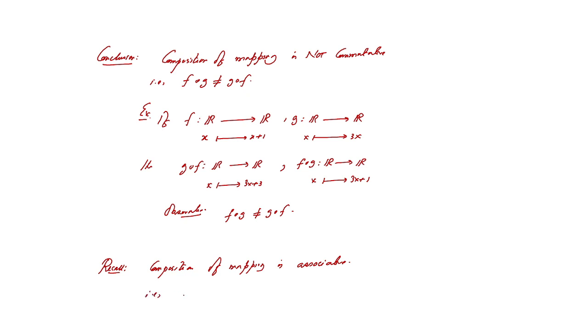So that means, if f, g, h are three maps and all compositions are defined, then we can say f composed g composed h equals f composed g composed h, with the grouping either way. So this is true. Composition of map is associative.